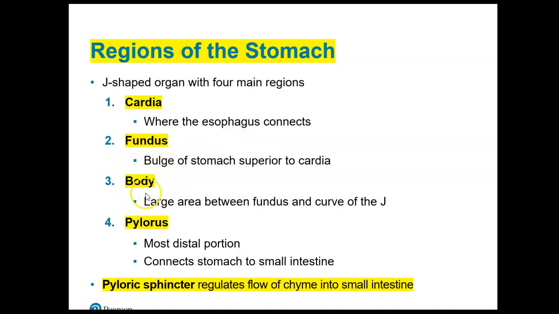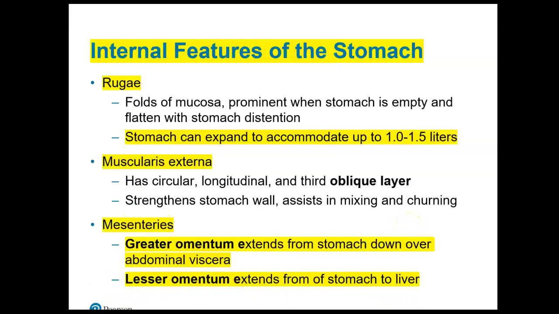The larger area of the stomach is called the body, and then the pylorus connects the stomach to the small intestine, which is why we call the sphincter that squirts chyme into the small intestine the pyloric sphincter. The stomach does have folds on its inner surface called rugae, and when the stomach expands, it can actually hold up to 1.5 liters of food and liquid.